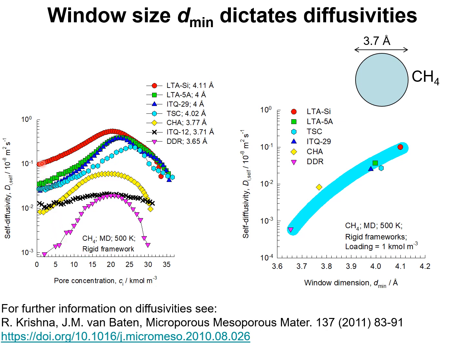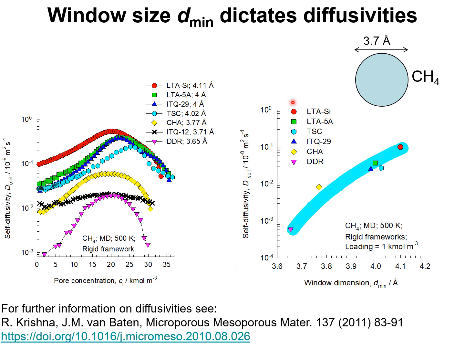For a comparison of the diffusivity values, we take the diffusivities at a loading of 1 kilomole per cubic meter, and that diffusivity values for these cage type zeolites is plotted as a function of the window dimension d-min, and we see that the self-diffusivity values at this loading correlates with d-min value, ranging from 3.65 to 4.1 angstrom, and the variation is about 2 orders of magnitude.